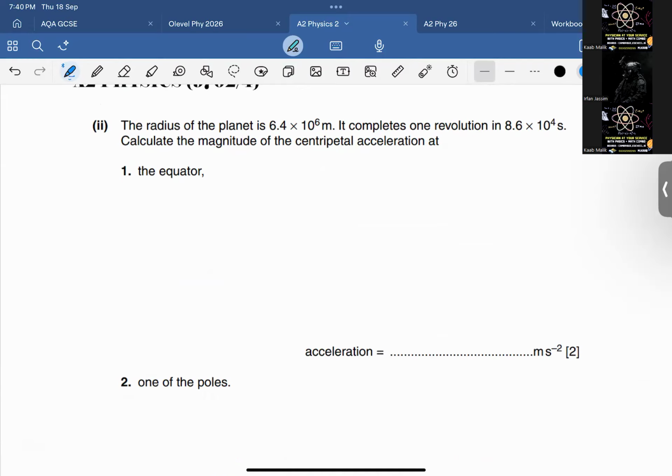The radius of the planet is 6.4 times 10 to the power 6 meters. It completes one revolution in 8.6 times 10 to the power 4 seconds. Calculate the magnitude of the centripetal acceleration at the equator.